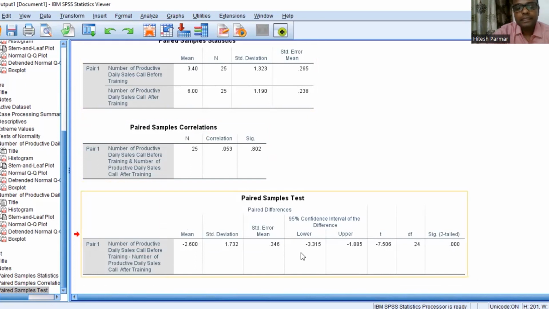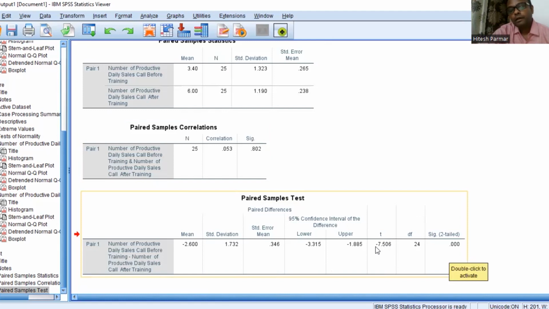Now what is the T calculated? T calculated is minus 7.50. If you remember in our earlier case, smaller the T value, larger the P value, and larger the T value, smaller the P value.